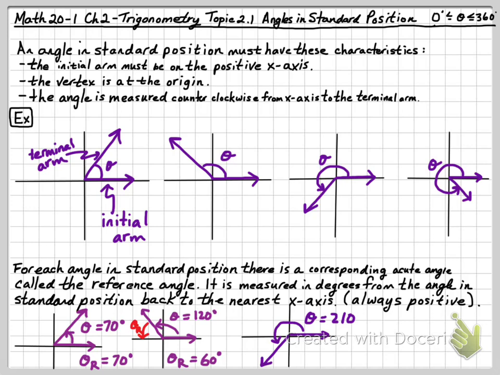Our reference angle now is going to be measured back to the 180, so that'll be a 30-degree angle. It's going to take us back to the x-axis. And in our last picture, we have an angle in standard position of 300 degrees. From the terminal arm back to the x-axis is going to measure 60 degrees. So that's our reference angle, 60 degrees.